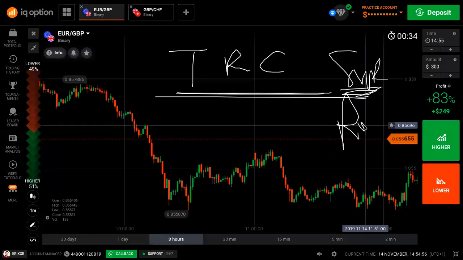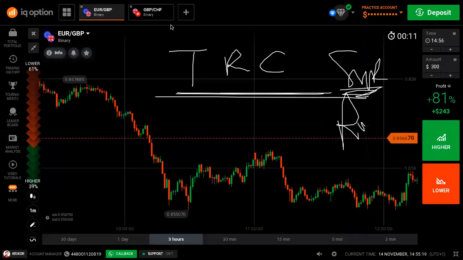Now, in level trading, I'm not going to tell you everything today because I do not want it to affect the assignment I'm giving you. In level trading, one of the first things you need to identify is the trend. Which direction is the trend? What is the trend you are trading?